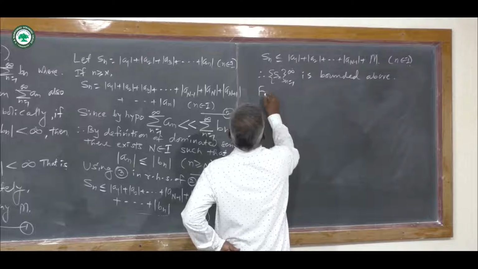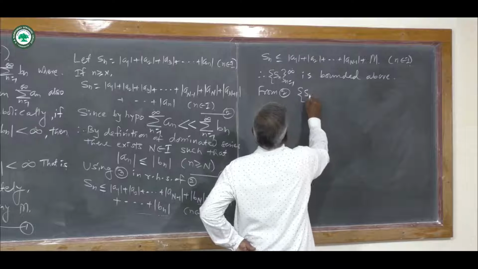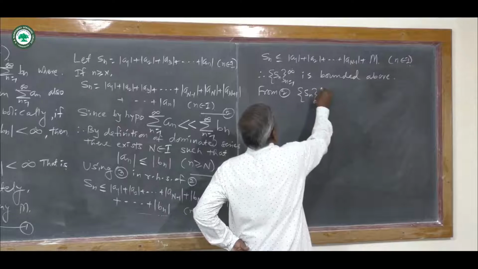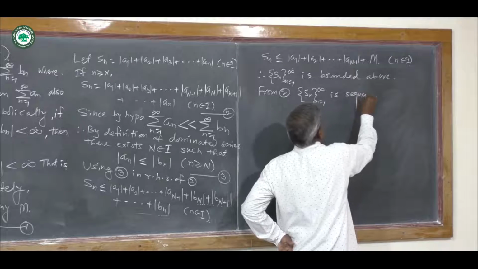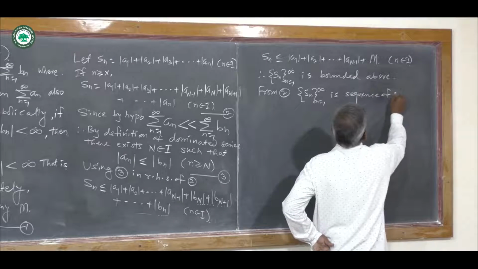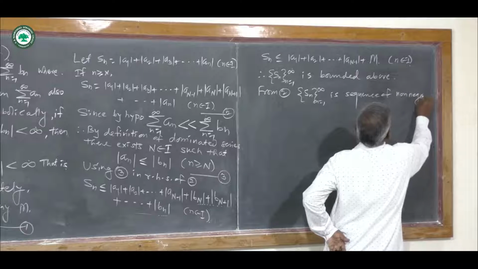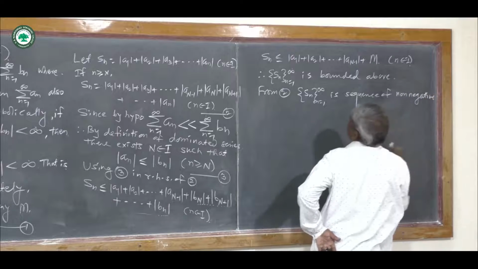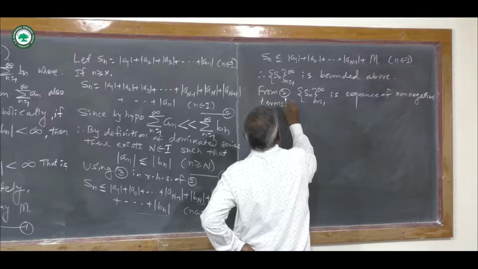From 2, the sequence Sn, n equal to 1 to infinity, is a sequence of non-negative terms or numbers.